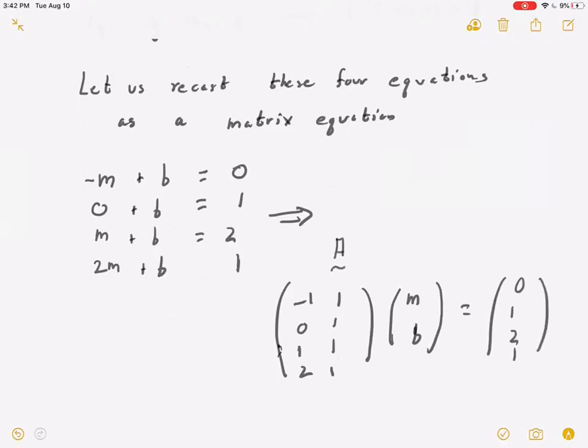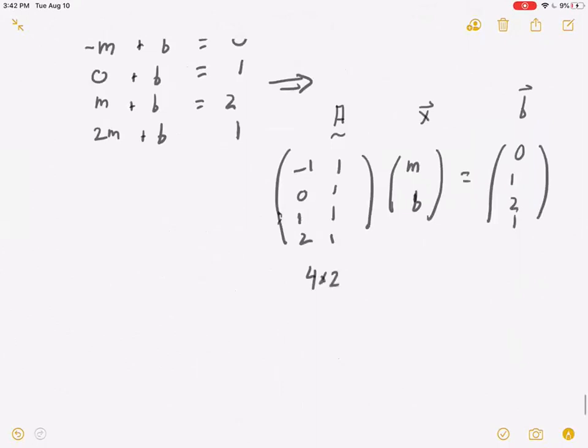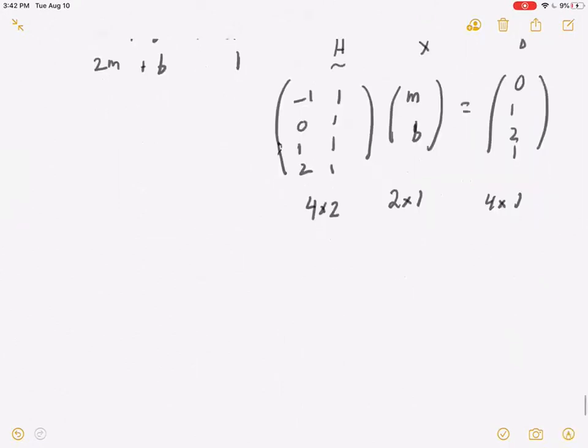Here's the matrix A, here's the vector X, and constant matrix B. Let's see if these are compatible. A is 4 by 2, 4 rows and 2 columns. B has 4 rows and 1 column, and X has 2 rows and 1 column, so they are compatible. So here is a matrix vector equation.